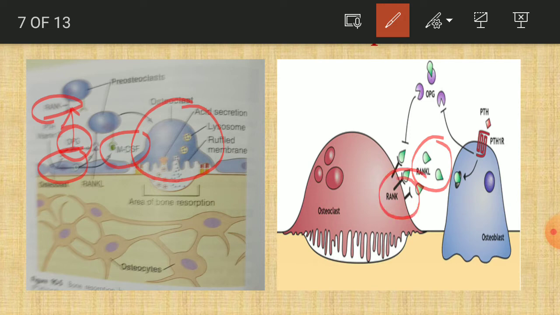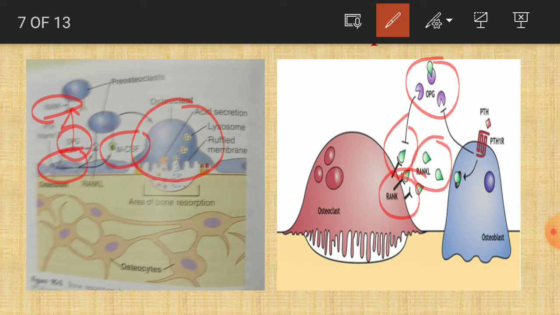It also liberates OPG, osteoprotegerin, which inhibits RANK and RANK ligand interaction. So whenever RANK and RANK ligand interaction occurs on the surface of osteoclast, it gets activated, and when this interaction occurs over the precursor cells, they get differentiated to form osteoclasts, and thereby activation of osteoclasts occurs.